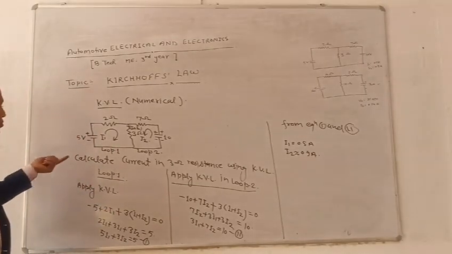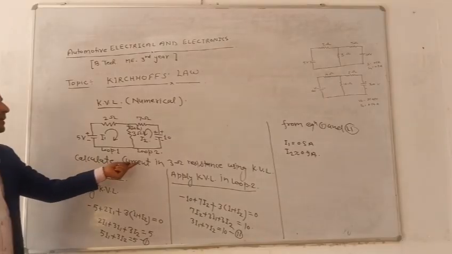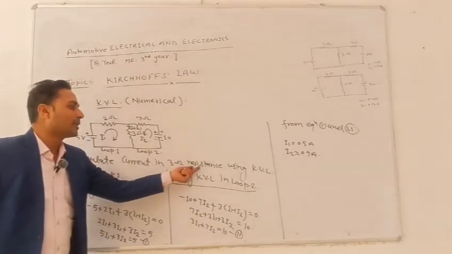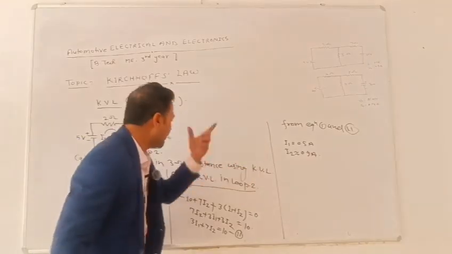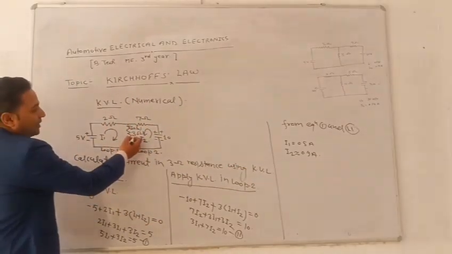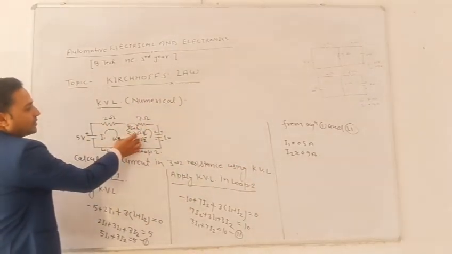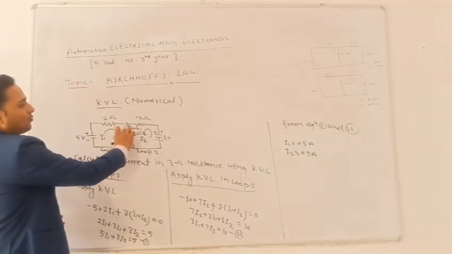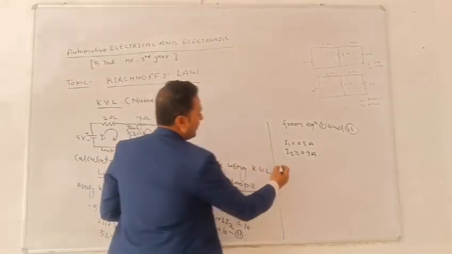In this circuit, what is the question? Calculate current in 3 ohm resistance using KVL. What is the current in the 3 ohm resistance? Total current flow in the 3 ohm resistance is equal to I1 plus I2.